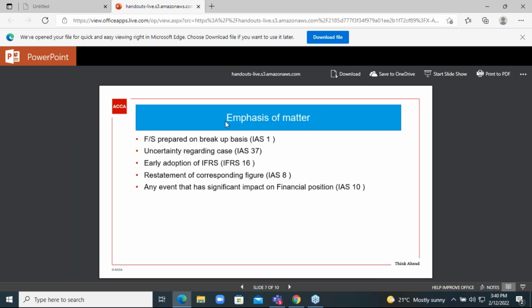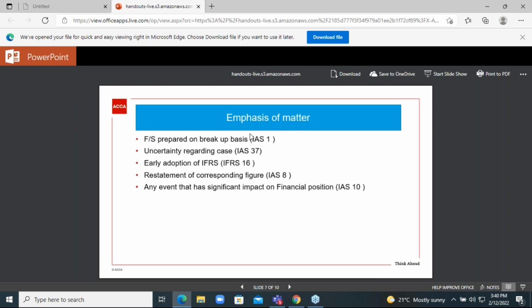Still, we need to emphasize some matters like this disclosure, like any case that can be crucial for the organization's future. Early adoption of IFRS like IFRS 16, so the assets figure will be changed a lot as compared to not applying IFRS 16. Restatement of corresponding figures, once again, sometimes opening balances may be changed.